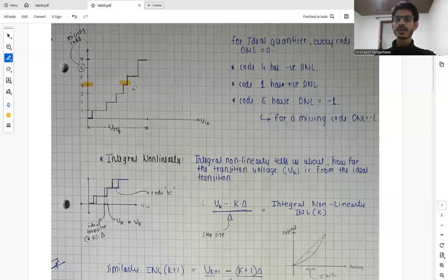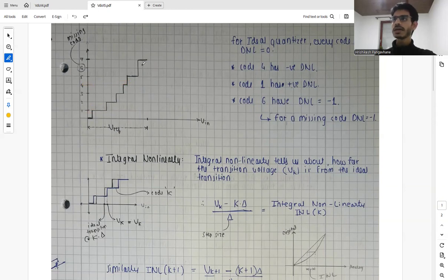We can see that step 4 is lesser than the LSB, the least significant bit. So code 4 will have a negative DNL, whereas code 1 has a width which is greater than the LSB, so it will have a positive DNL.